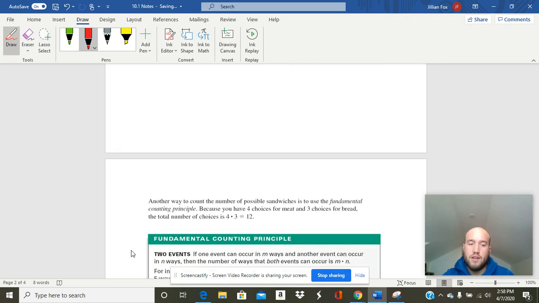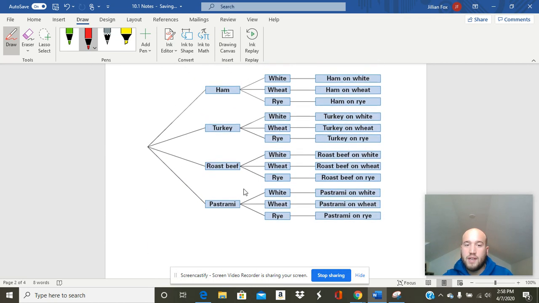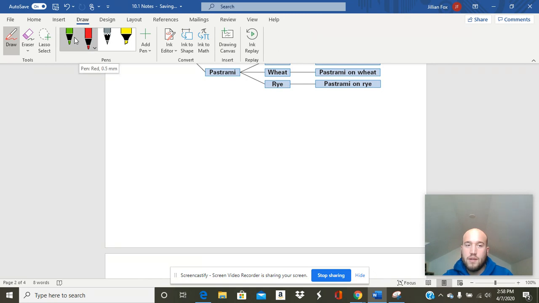If we look right here, it says another way to count the number of possible sandwiches is to use the fundamental counting principle. We have 4 choices for meat and 3 choices of bread, so the total number of choices is 4 times 3. So to think about that, I would recommend we have a blank for the meat, and we have a blank for the bread.